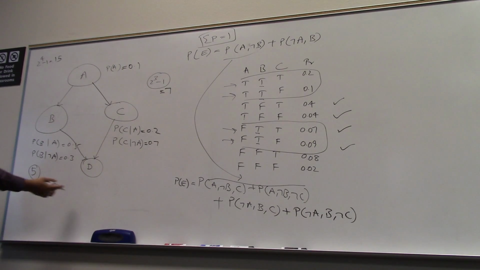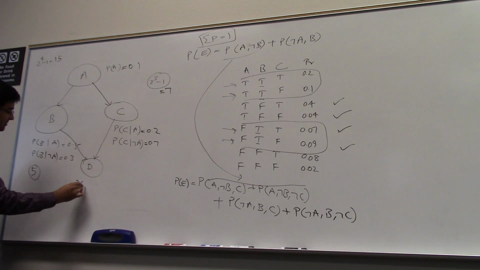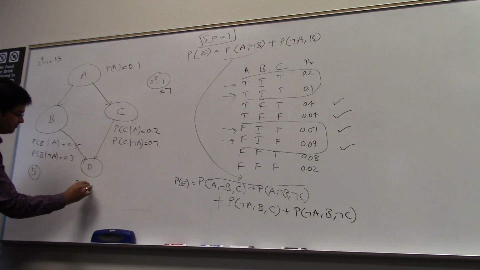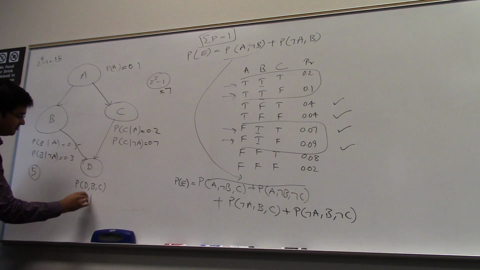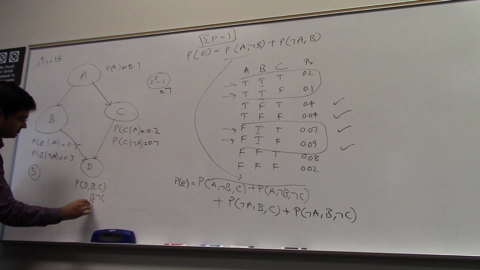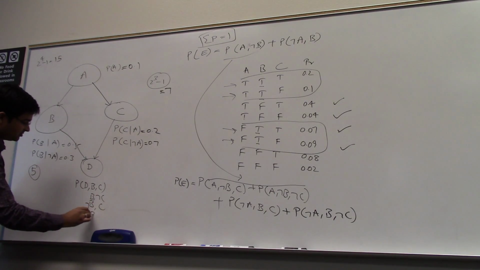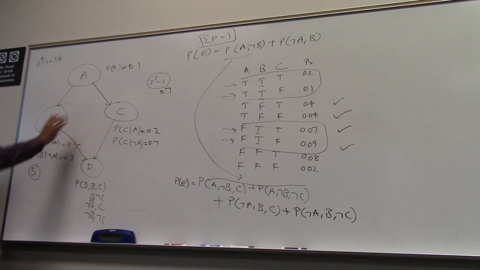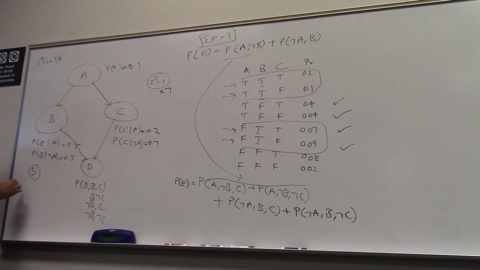And what is the size of this? 9. We need basically D when B is true and C is true, B is true and C is not true, B is not true and C is true, and both are not. It is dependent only on B and C. So all we need is 5 plus 4, 9, and this structure is equivalent to 15 in terms of the power of structures.